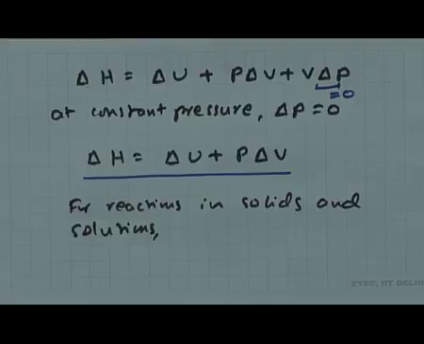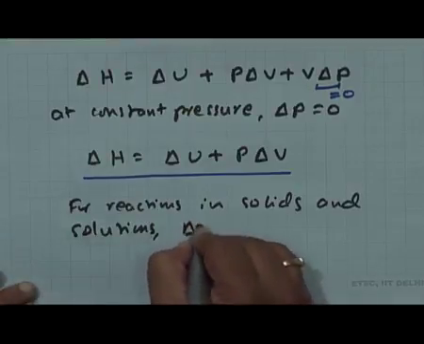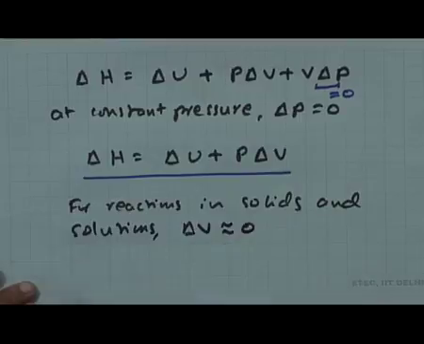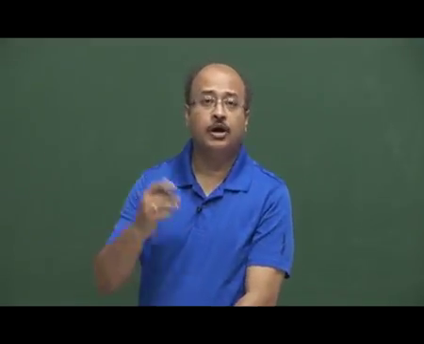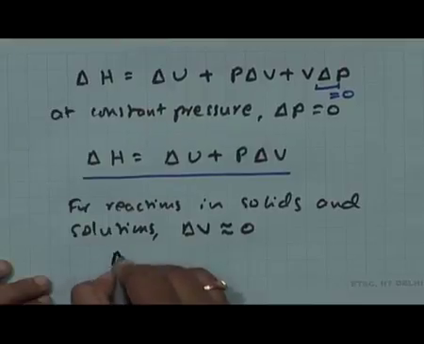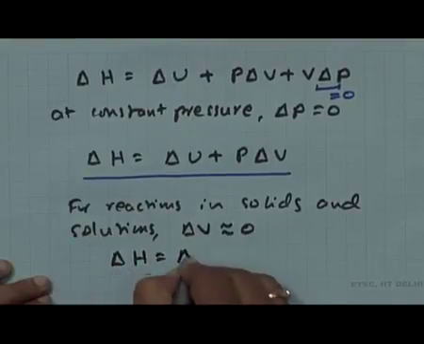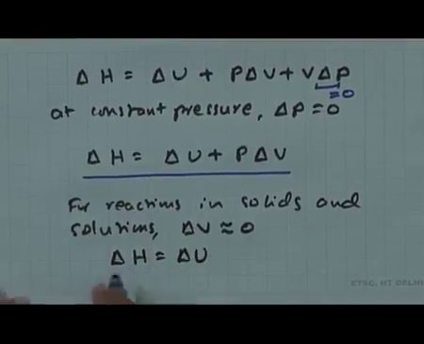We know this, right, that the volume change is very small. So we can write delta V is almost equal to 0. Hence, for solids and solutions, or liquid state, we can write that delta H is equal to delta U.